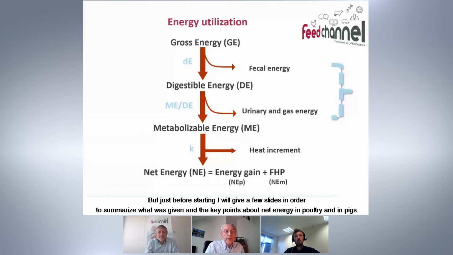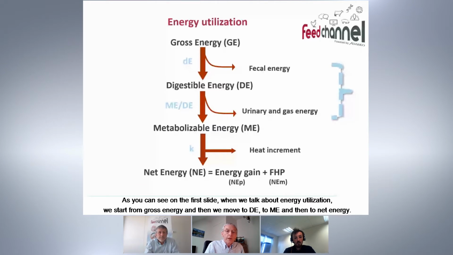But just before starting, I will give a few slides to summarize what was given and the key points about net energy in poultry and in pigs. When we talk about energy utilization, we start from gross energy, and then we move to DE, to ME, and then to net energy.